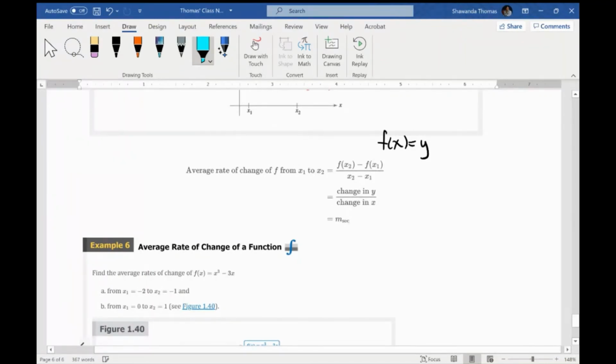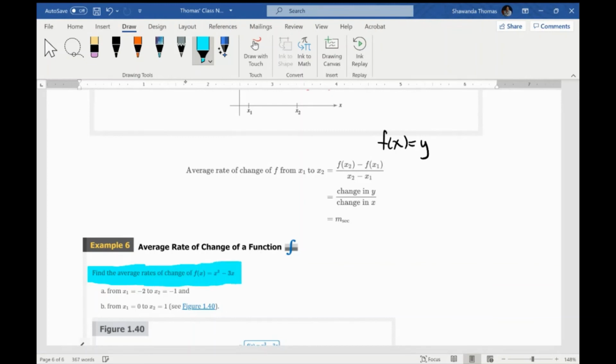Our example is find the average rate of change. Again, all we're doing is really finding the slope. Find the average rate of change of f of x equals x cubed minus 3x from x sub 1 equals negative 2 and x sub 2 equals negative 1. All right. First thing I want you to write for A, let's go ahead and write the formula.